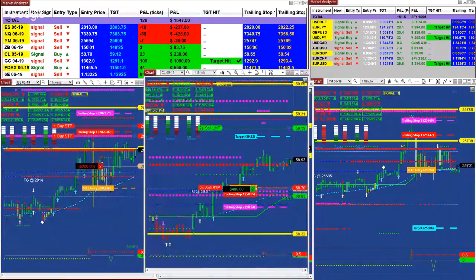Again, pull off the short trade on the YM. Stay away from it.